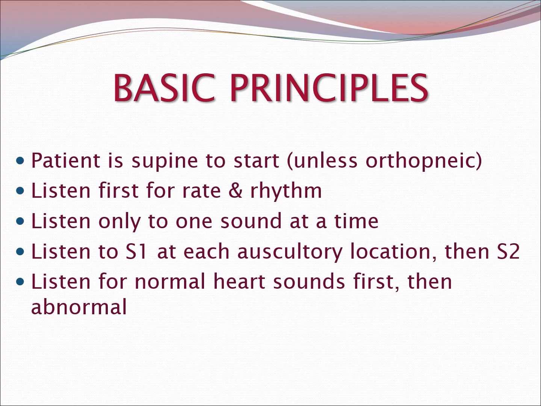Listen only to one sound at a time. You want to listen to S1 at each of the auscultatory locations, your aortic, pulmonic, tricuspid, and mitral areas, and then listen to the S2 at each of the auscultatory sites, your aortic, pulmonic, tricuspid, and mitral area. Listen for normal heart sounds and then for any abnormal heart sounds.